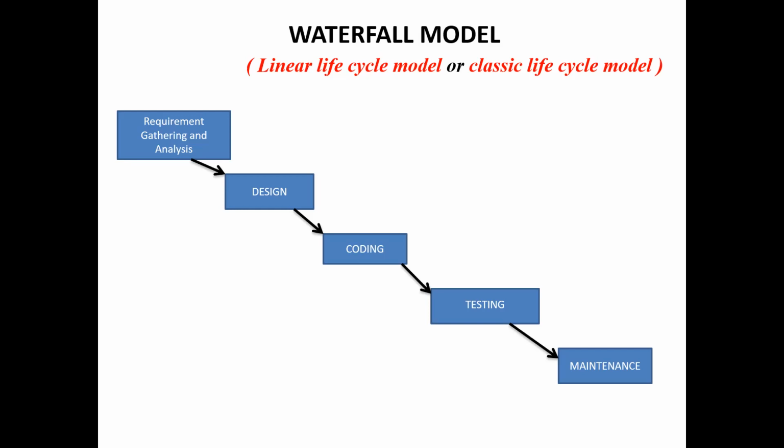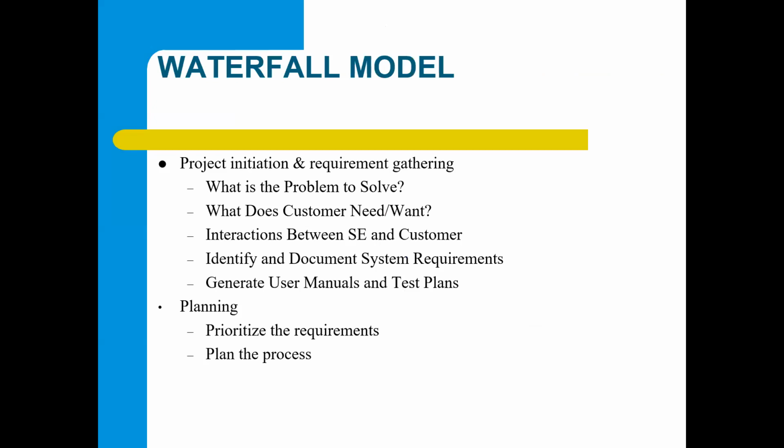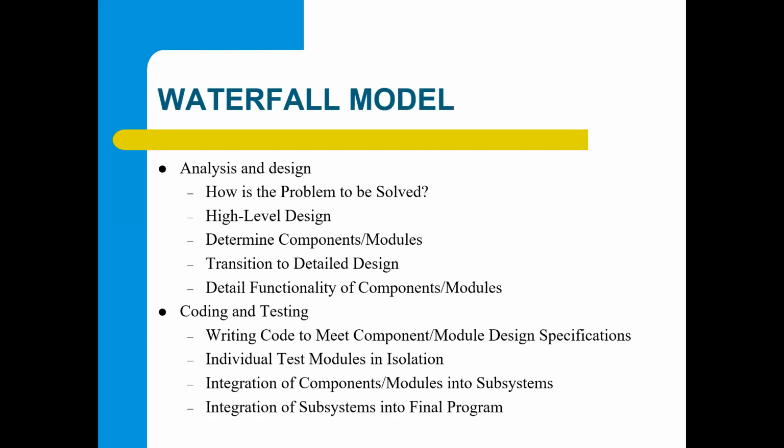Similarly, enhancing system services as new requirements are discovered is again maintenance of the system. This waterfall model is a widely used model, although it has many drawbacks. Let us discuss the benefits and drawbacks of the waterfall model.